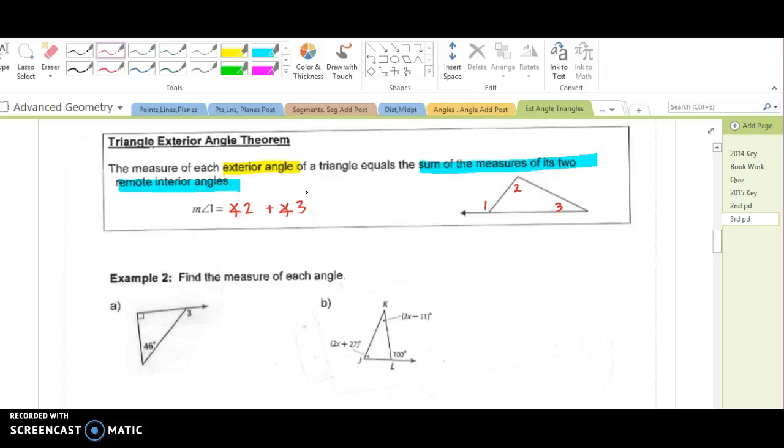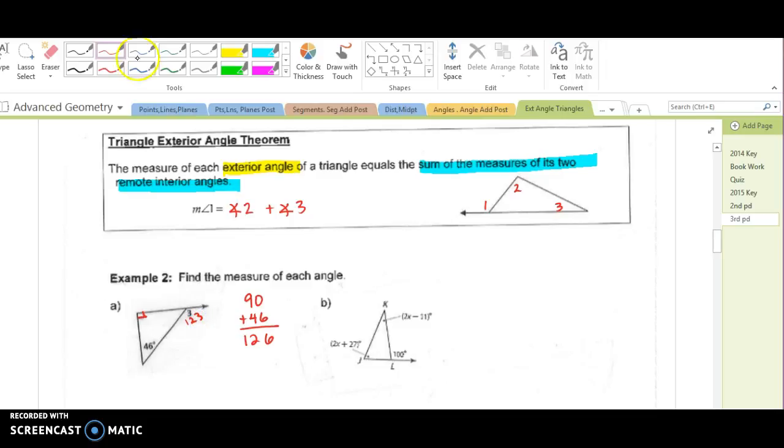Okay, so let's try this out on some examples. Example 2. We have 90 degrees and 46. Those are our remote interior angles. So 90 plus 46 adds up to be our exterior angle, angle 3. So this would be 136.